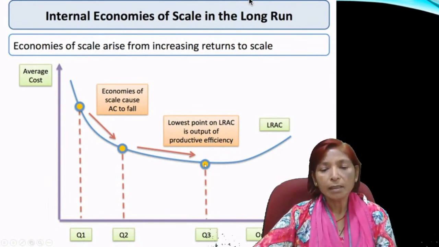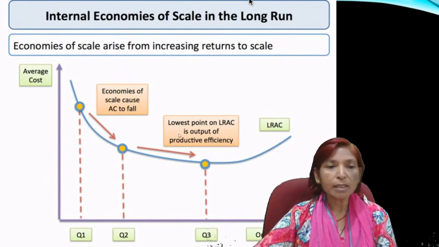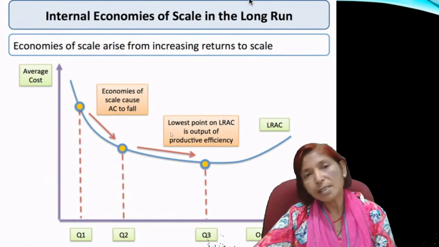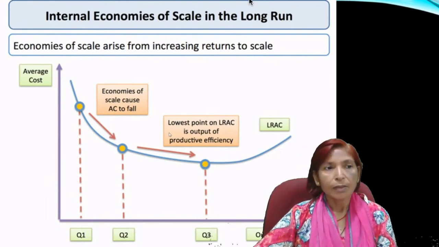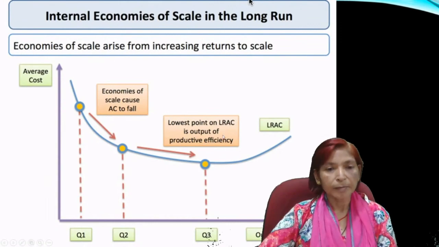So this is the optimal stage of production. And after that, when diseconomies of scale are applicable, then cost will start rising. So these economies of scale arise from increasing returns to scale.